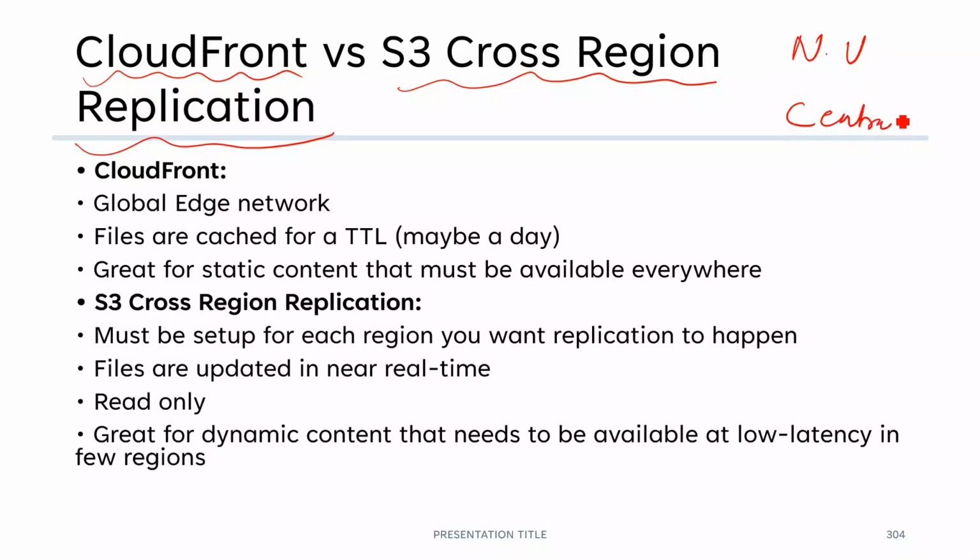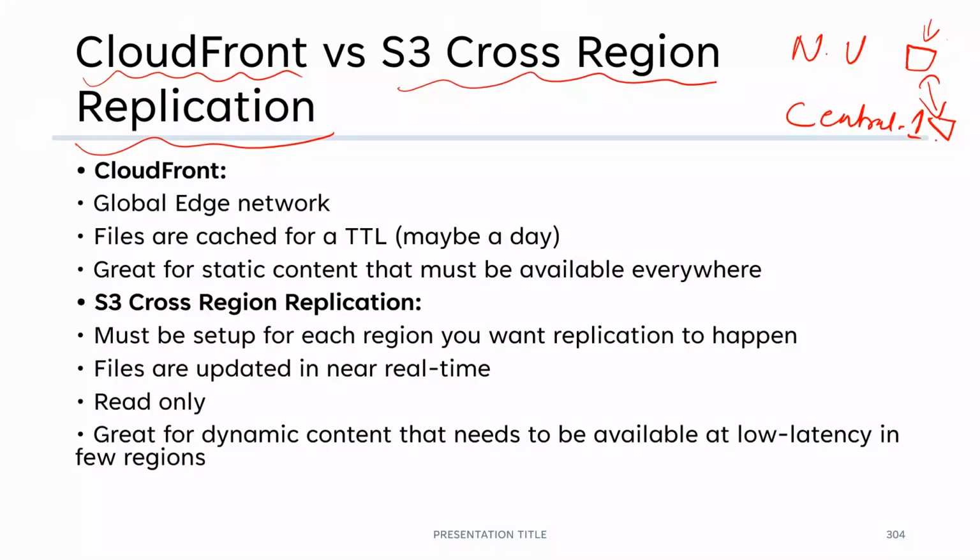So there is a bucket over here and there is a bucket over here. In cross-region replication, whatever data you put inside this Northern Virginia bucket will be replicated across to your Central 1 region. So it's kind of a backup strategy or some other use you can make of it. This is what cross-region replication means.